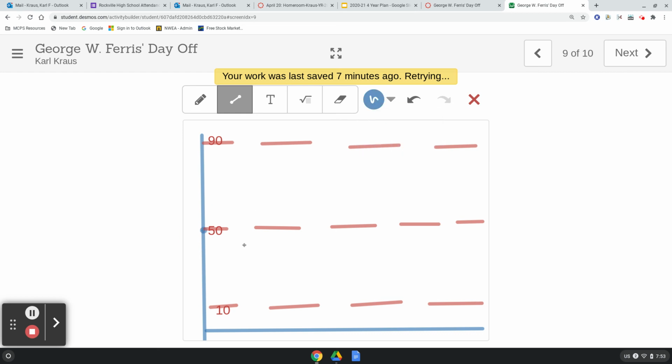So at 0 seconds, then 30 seconds and 15. And then halfway between would be 7.5. And then down here. Get the pencil now.